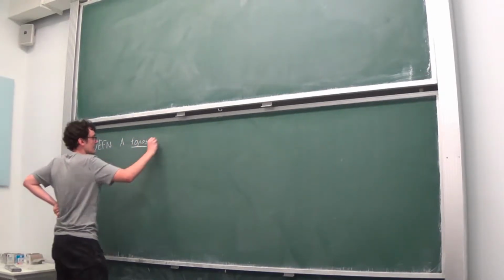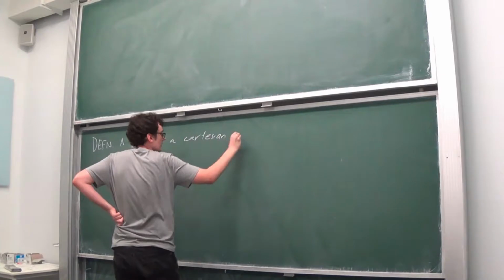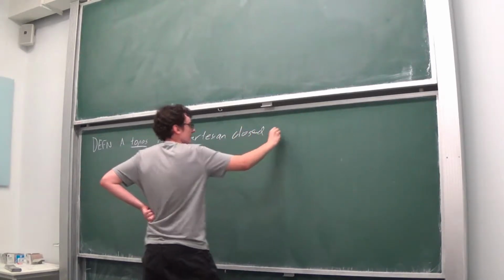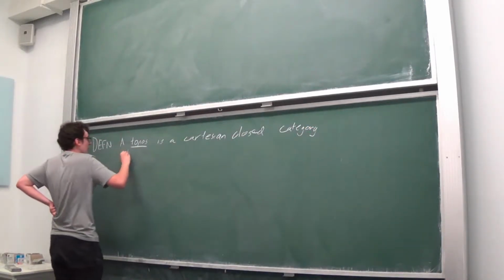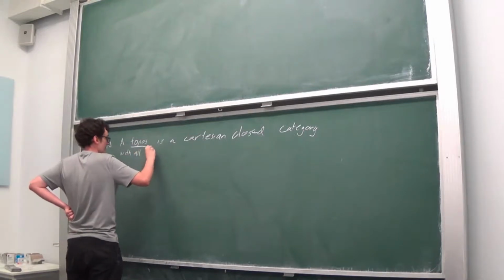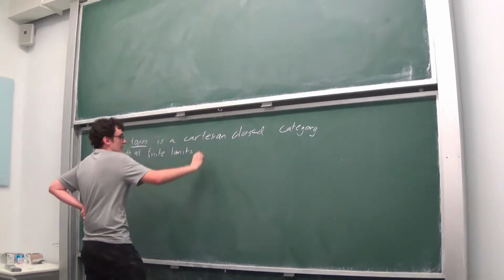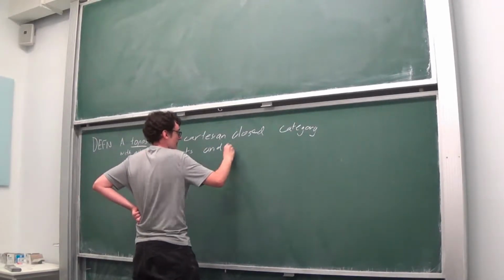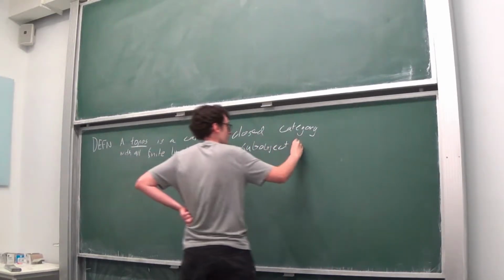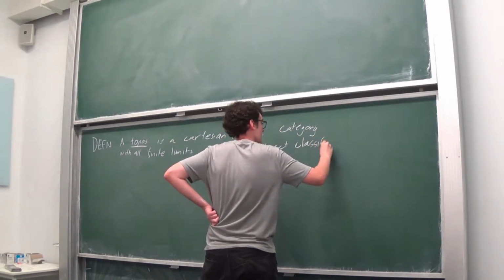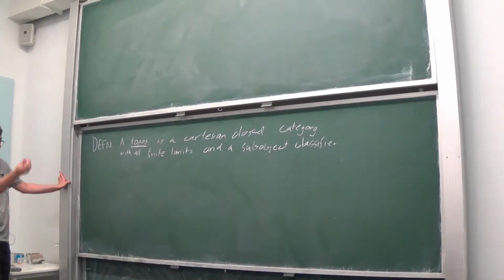So a topos is a Cartesian closed category with all finite limits and a subobject classifier. So the purpose of the next two lectures is to explain what all of the words in this sentence mean.